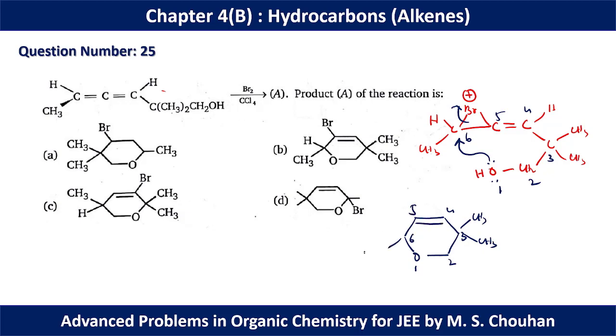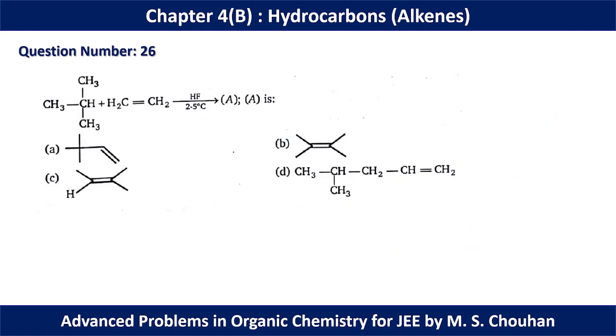In position 6 we have a methyl group, and also in 5 position we have one bromine. Okay, so this will be the final structure, and we can say that the correct answer for this question is option B.